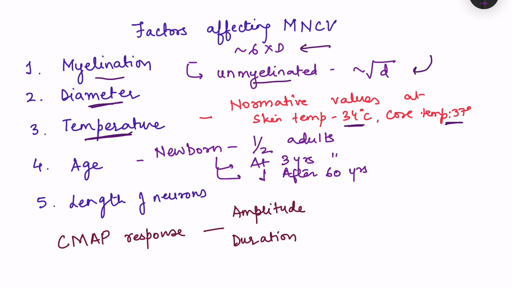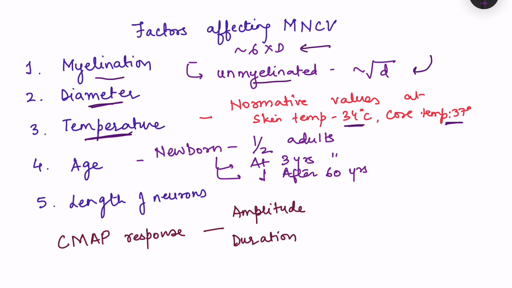For recording, we have to make sure that the temperature of the room is maintained in a particular range, right? It is not very hot or very cold. If there are changes in the skin temperature, then we have to add some correction value.